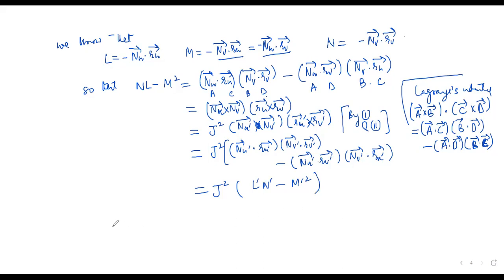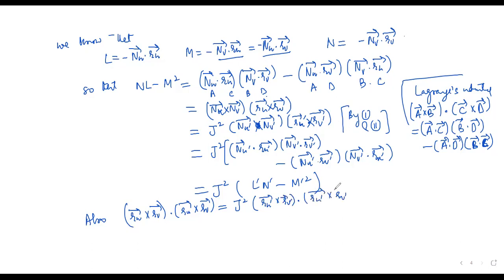Either way, LN minus M square. Also, R_U cross R_V dotted with again R_U cross R_V is equal to J square into R_U prime cross R_V prime dotted with R_U prime cross R_V prime.